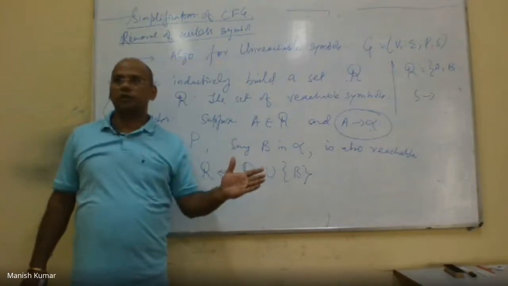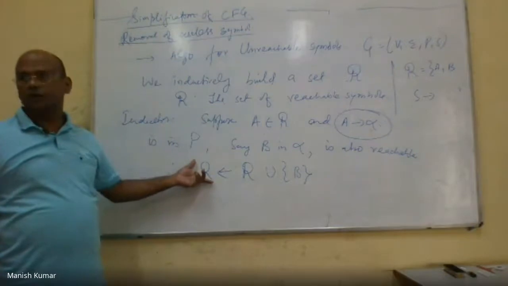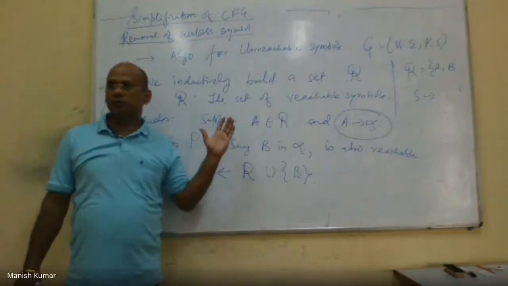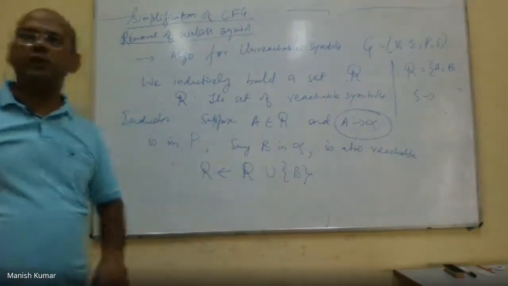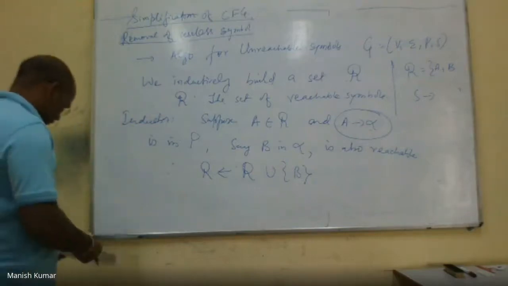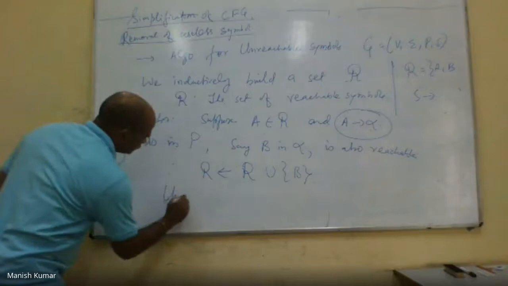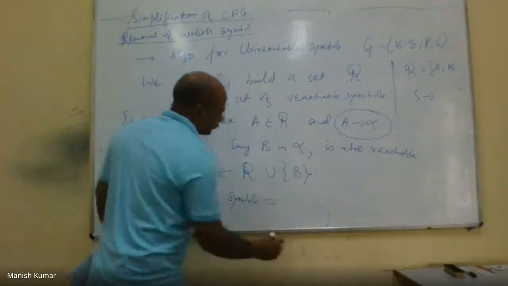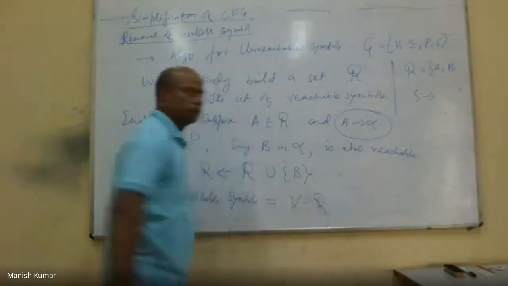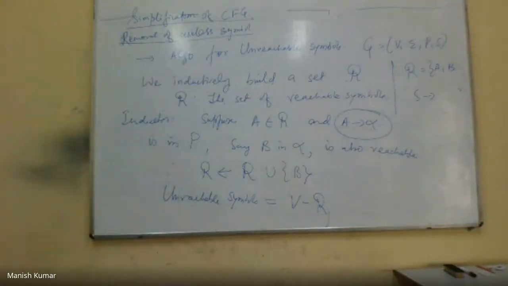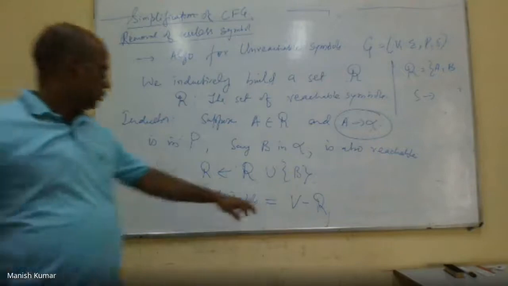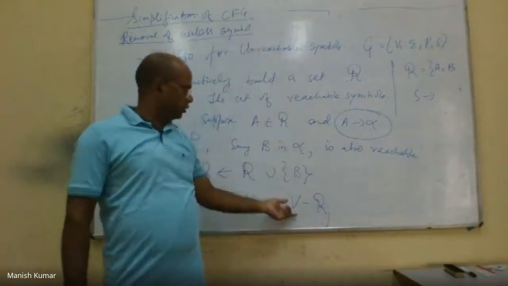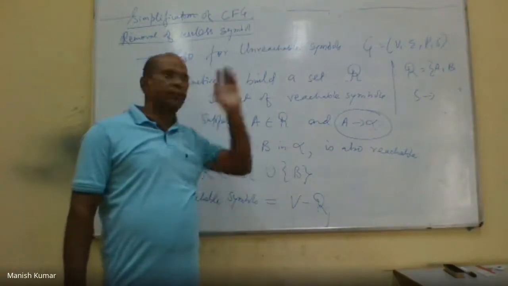At that point, whatever R you have is the set of all symbols reachable from the starting symbol. So the unreachable symbols will be nothing but V minus R. That means V has all the symbols of the given grammar, including reachable and unreachable symbols as well.